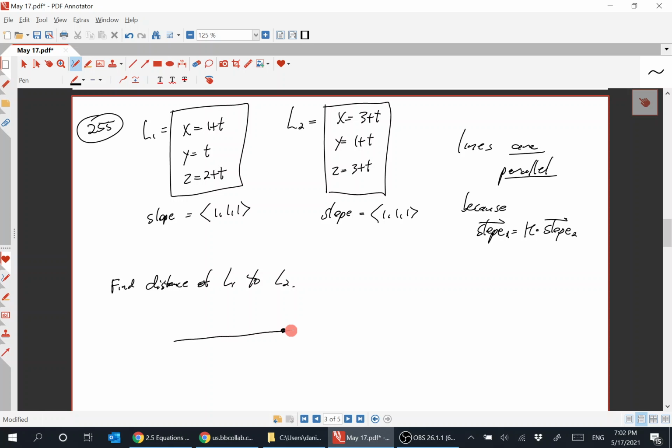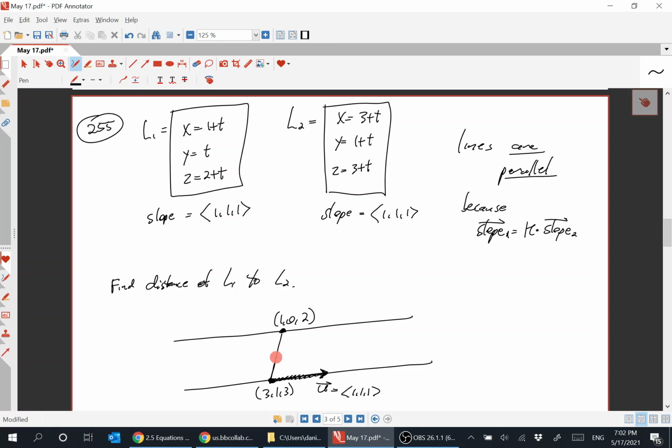So a point on the line will be (1, 0, 2). And then I've got the other line. I need a point on there, (3, 1, 3). And I've got that slope vector, (1, 1, 1).